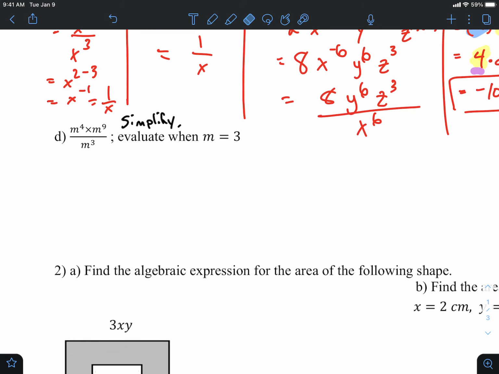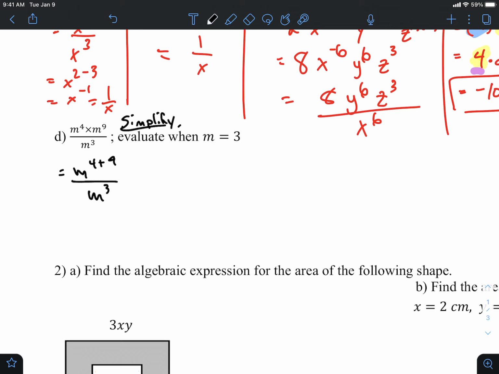So to do this question, let's say I'm going to go m^(4+9) divided by m cubed. This is what I mean by simplify first and then evaluate, and that'll come into play in a later question.